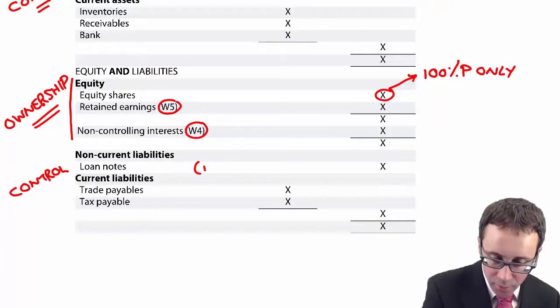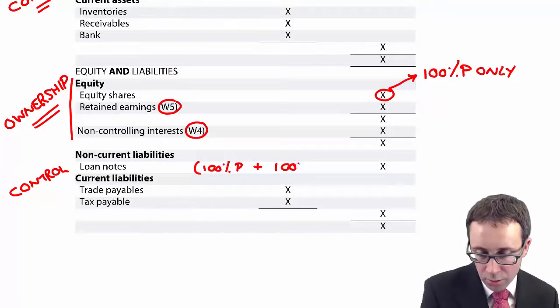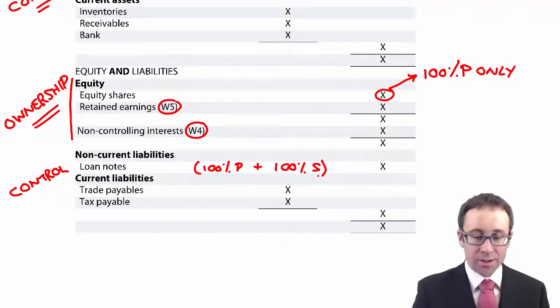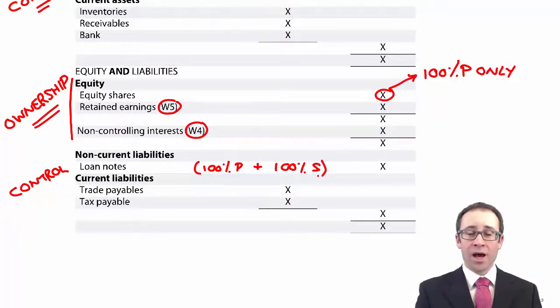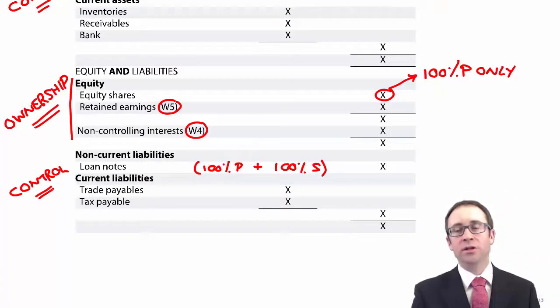By adding across again 100% of P plus 100% of S. Not just the assets at the top, but also the liabilities. So there we've got examples such as loan notes, or debentures if you like, trade payables and tax payable. Add them across 100% line by line. Okay, that's the basis of performing basic consolidation.